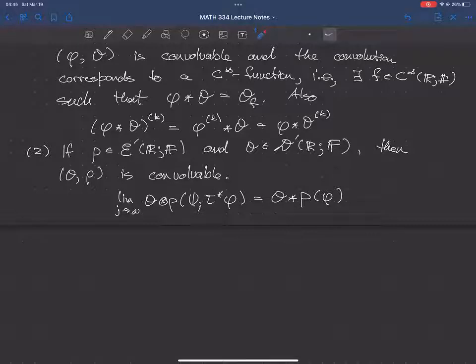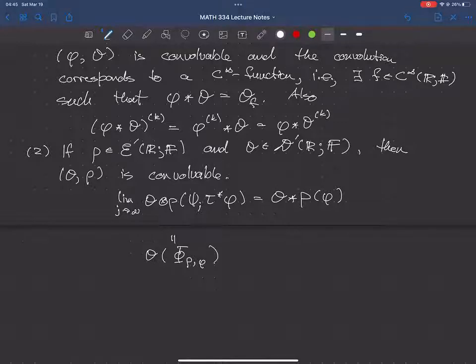And so I tried to say this last time, and I'll try to do that again. The point here is that when I define the tensor product acting on this thing, because rho has compact support, I can choose j large enough that it's 1 on the support of rho, in which case, for large enough j, this is going to be theta applied to this thing, capital phi rho phi.